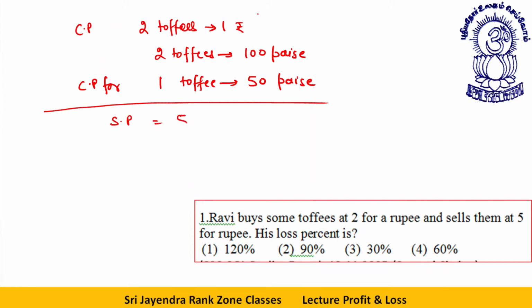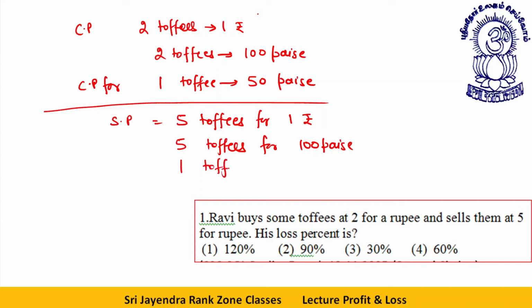SP is 5 toffees for 1 rupee, or I can say 5 toffees for 100 paisa. That way, one toffee will cost how much? One toffee for 20 paisa. See, this is your CP, this is your SP.